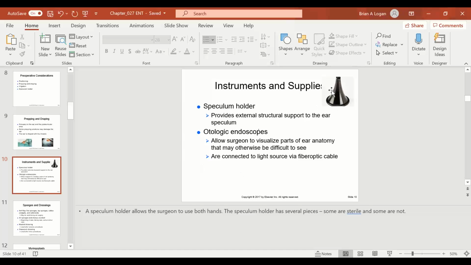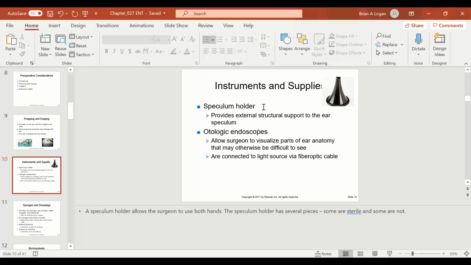You guys are going to see this in the myringotomy set tomorrow. But this kind of focuses their vision on just the eardrum, and then allows for insertion and removal of debris and instruments without accidentally scraping the inside of the ear canal and things like that.